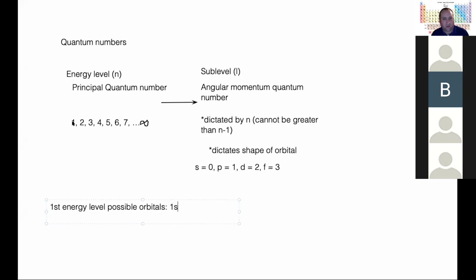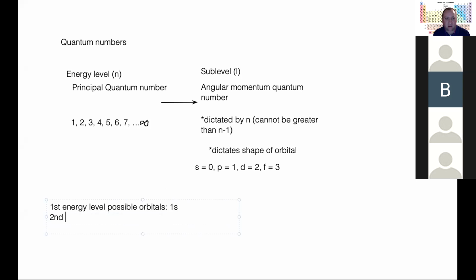Because in the first energy level, I can only have a sublevel equal to 0, which means I can only have 1s. I can't have 1p because the quantum number for p is bigger than what's allowed in the first energy level.